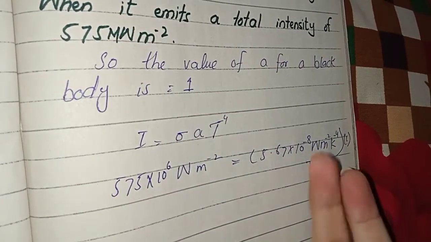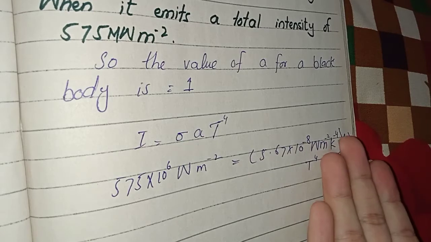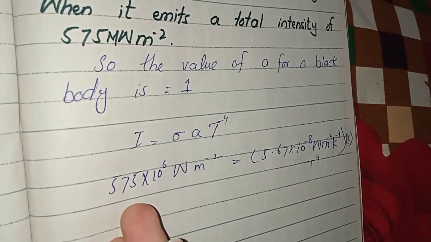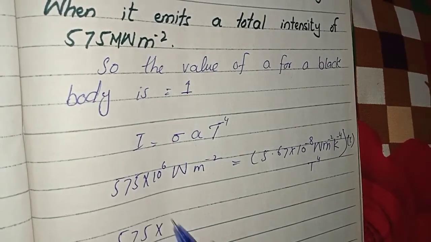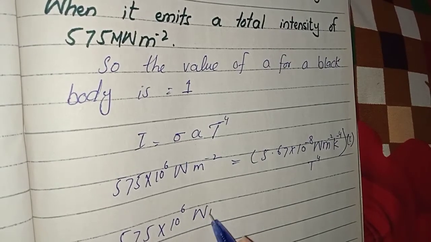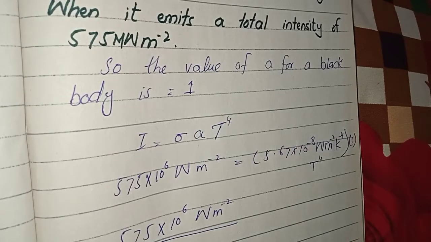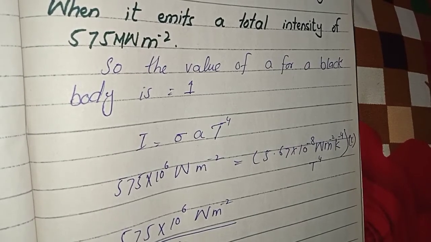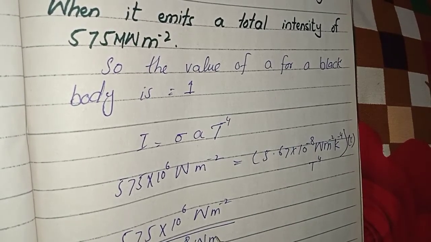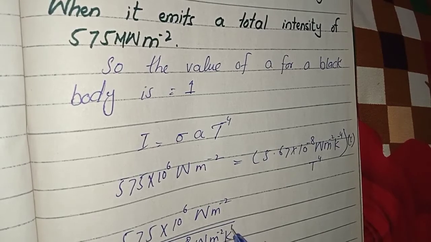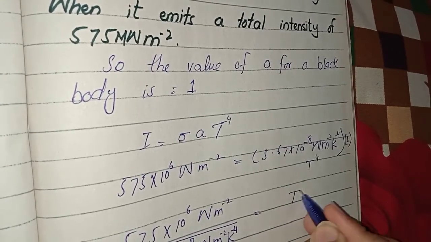Because this value is multiplying here, on the other side of the equation it will be divided by 5.67, the value of the Stefan-Boltzmann constant, and it is equal to T to the power 4.